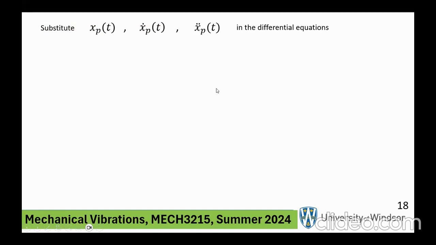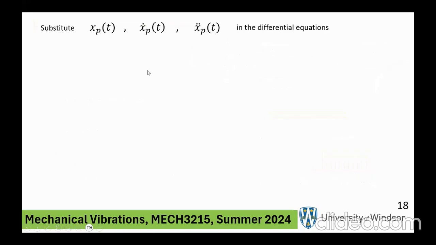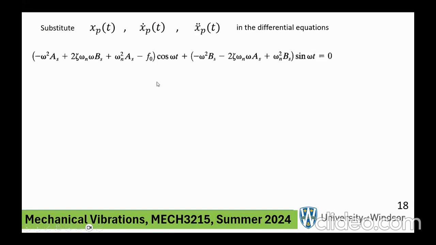So we know the expression for XP right there. Differentiate it again, second derivative, stick it in the mother of all equations. Remember, the mother of all equations, we wrote it two ways, with m, c, and k present, or divided by m, so that there's only omega n and zeta present. That's why that second form is a little bit easier.